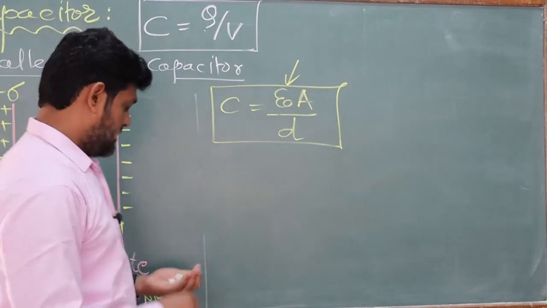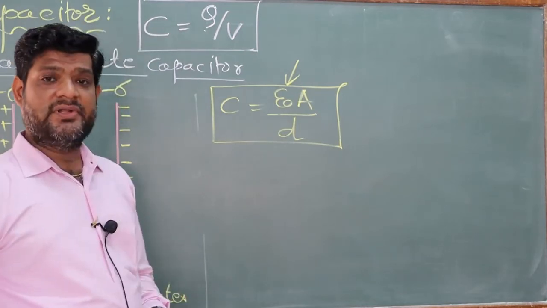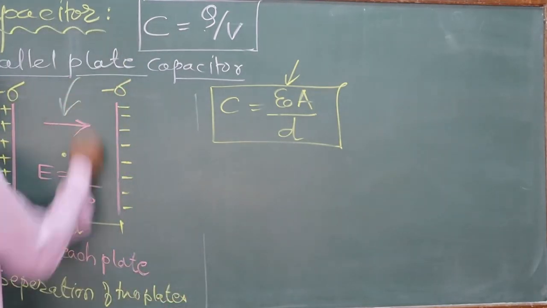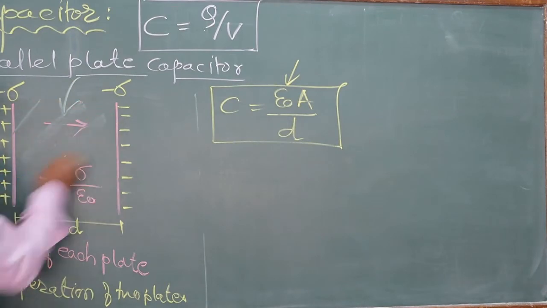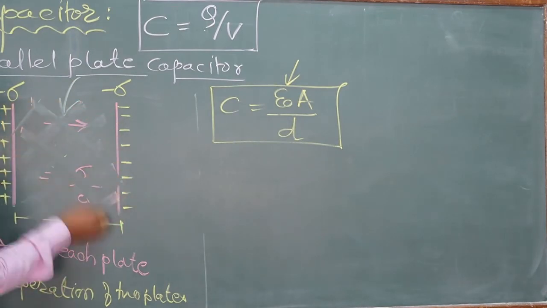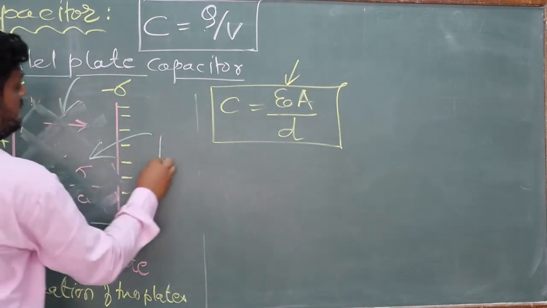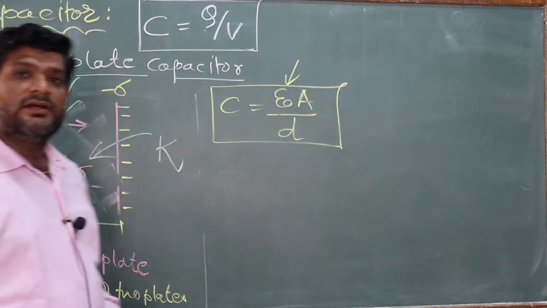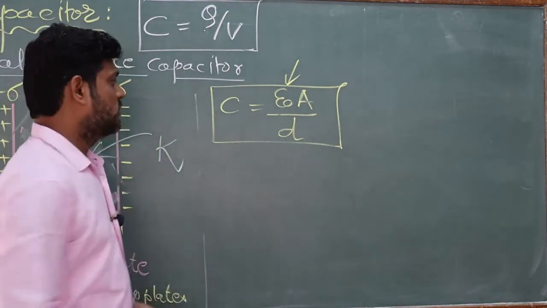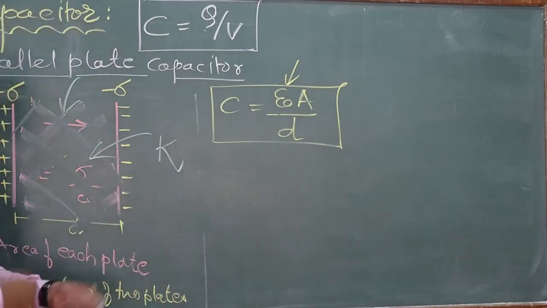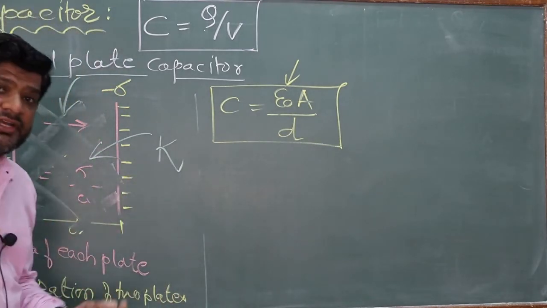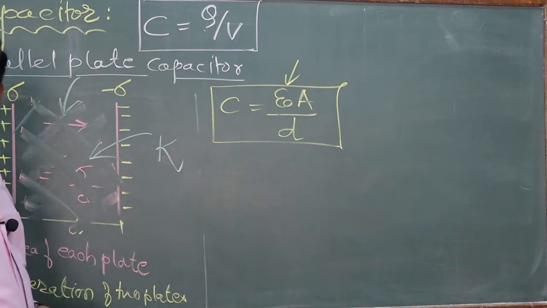Correct? Now what will happen if, instead of air, there is some medium of dielectric constant K? The capacitance will change. Whether it will increase or decrease, we will decide now.